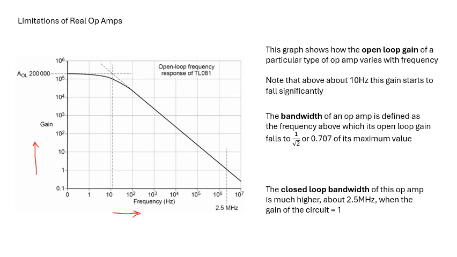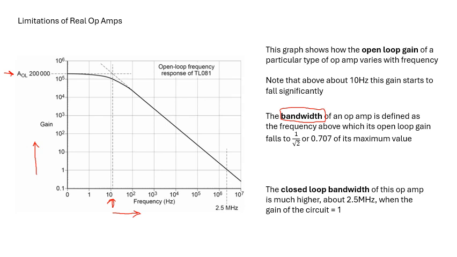The gain at a very small frequency is very large, and then above 10 hertz, the gain falls very rapidly. We say that there's a characteristic of an op amp, and we call it the bandwidth. This word in electronics is a bit confusing because it has so many different meanings. But what do we mean by the bandwidth of an op amp?